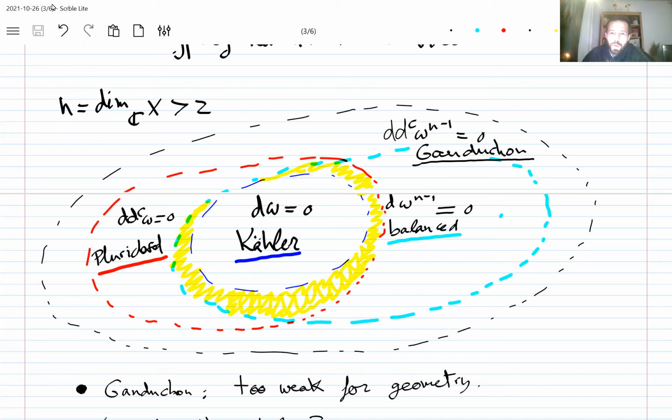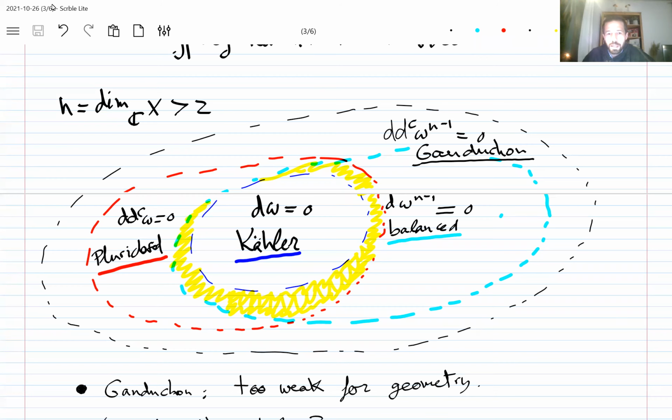And then in between, we have these two natural conditions. The one is the Hermitian form of the metric being pluriclosed, so dd^c omega equals 0. And on the other hand, we have the balanced condition for the Hermitian metric.